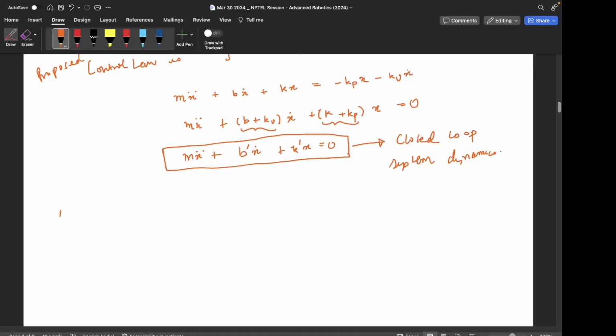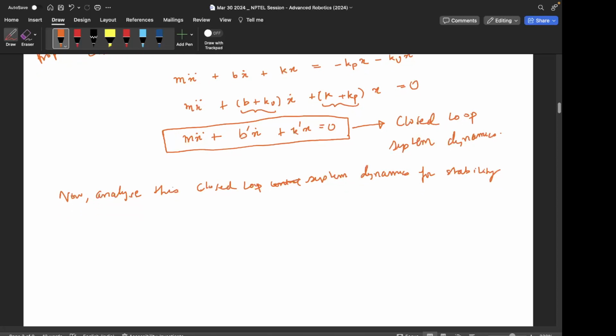So now analyze this closed loop system dynamics for stability, right?